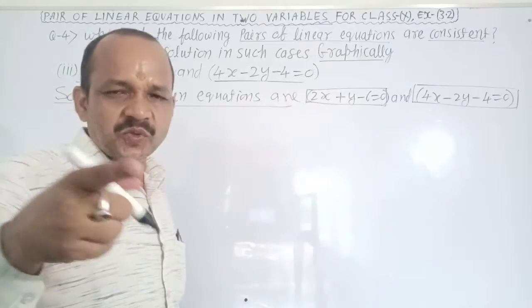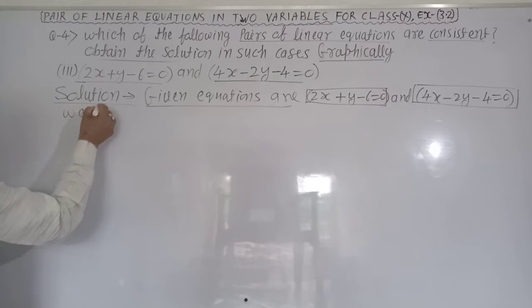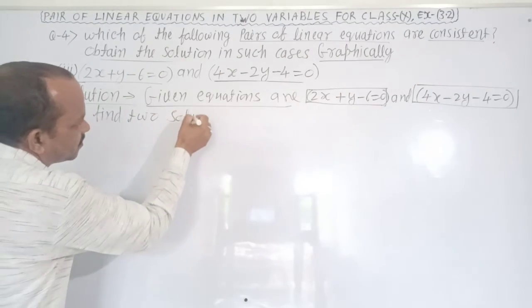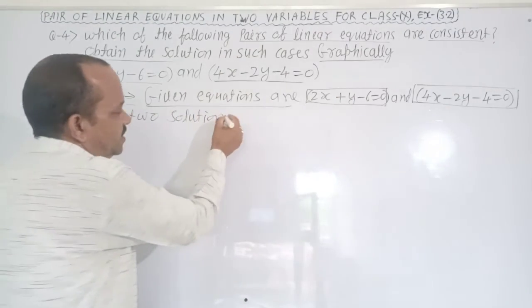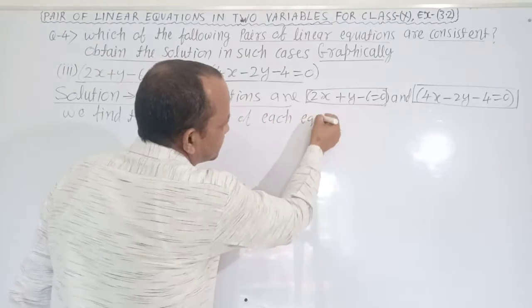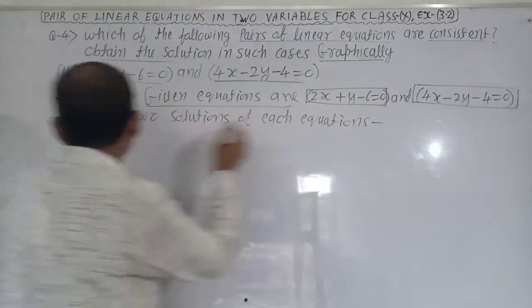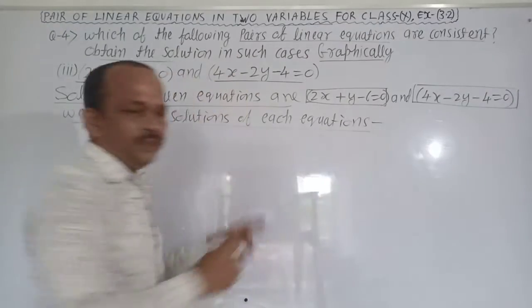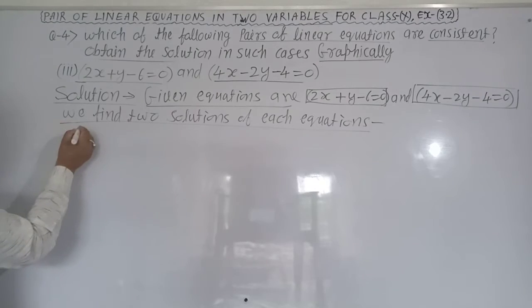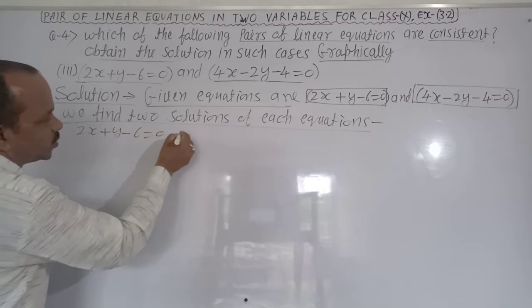Firstly we find two solutions of each equation. Clear? We find two solutions of each equation. Equation first, 2x + y - 6 = 0.